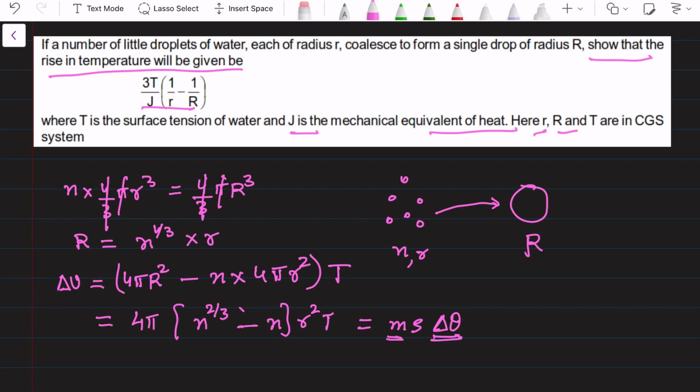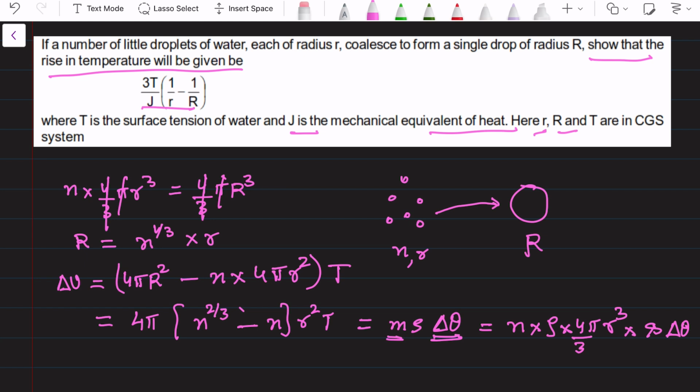Now m can be written as n into rho into 4 by 3 pi r cube, and specific heat capacity S into delta theta. Right?